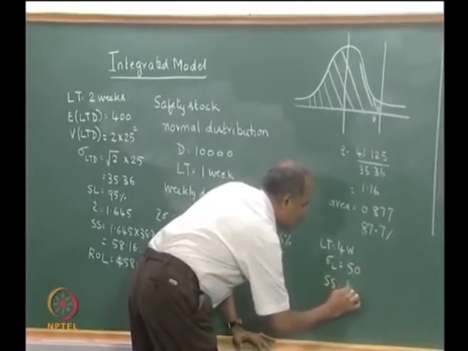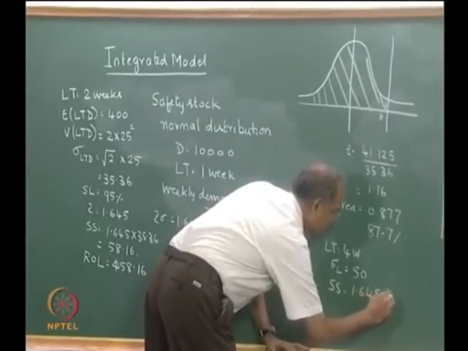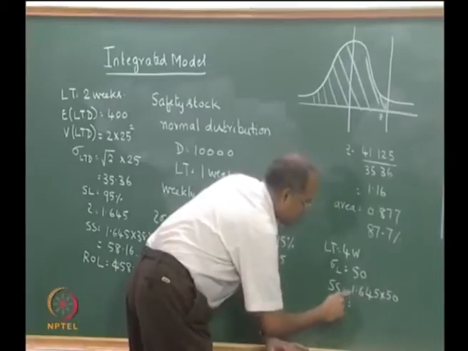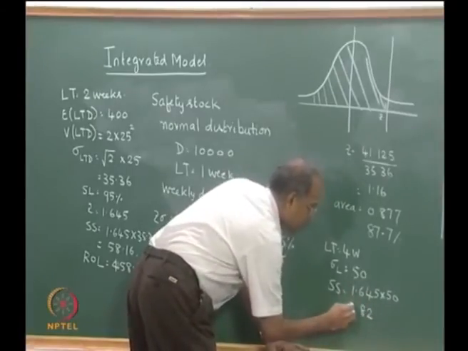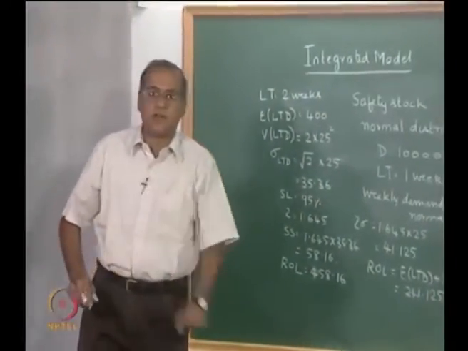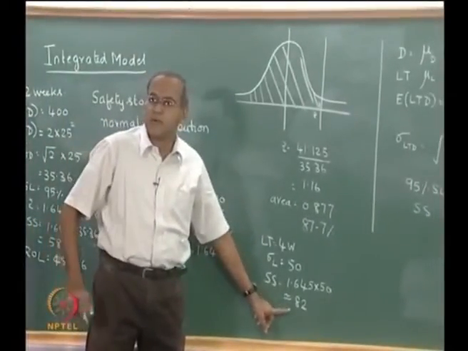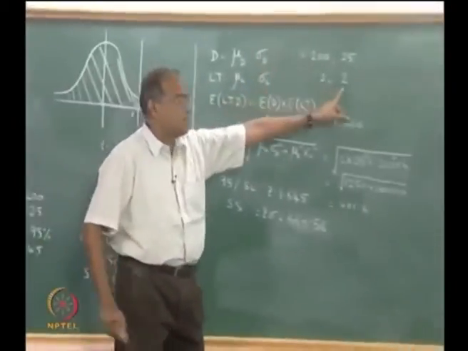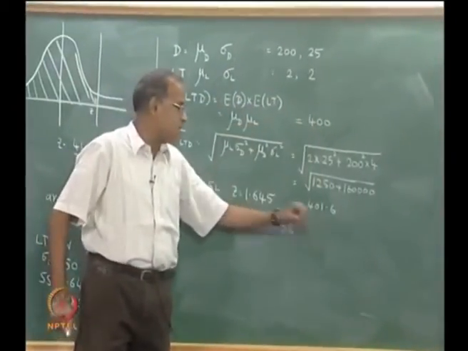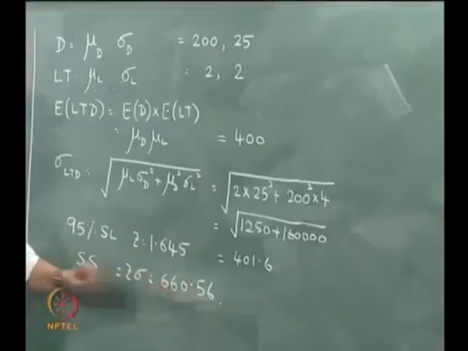Safety stock is equal to 1.645 into 50, which is roughly 82. So if we had a situation where lead time is 4 weeks but does not show variation, safety stock is 82. But if the lead time is 2 weeks but shows a variation of another 2, the safety stock is 401, safety stock is 660.56.